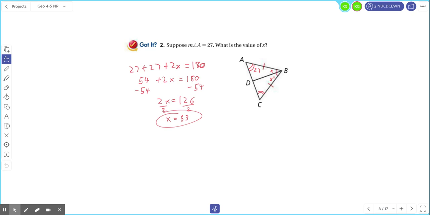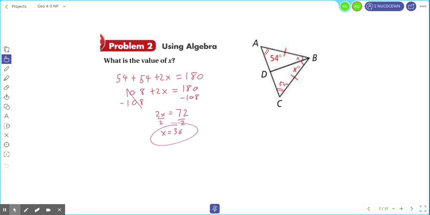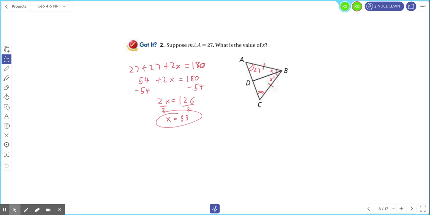We just had two problems where in one problem the angle was 54 and in one problem the angle was 27, which is half as much, and the angles look exactly the same. So just because something in a picture looks like it's congruent or looks bigger or smaller than what you calculate, don't trust the picture, trust your calculations.